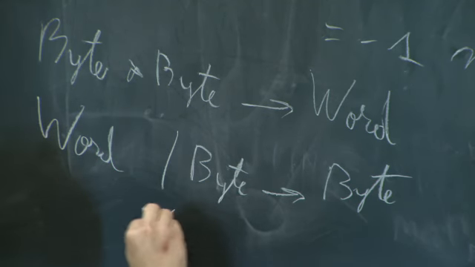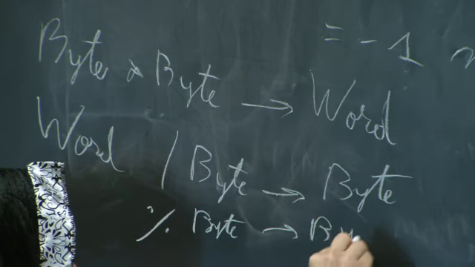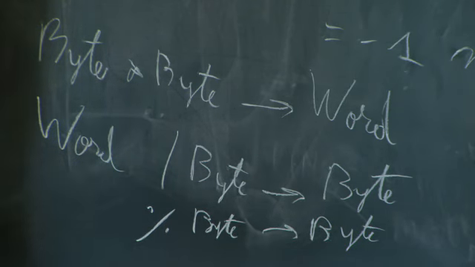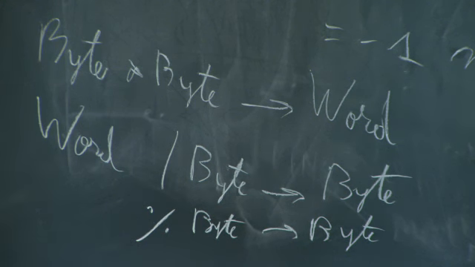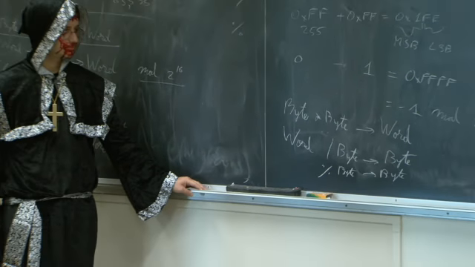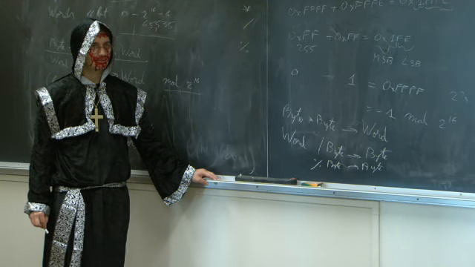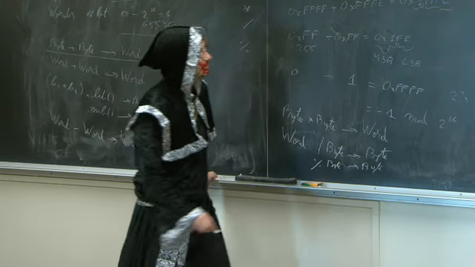And if you do modulo, you also get a byte. What if there's overflow in the division? What happens? What would you expect to happen? We don't have any floating point numbers, so we shouldn't get overflow, right?